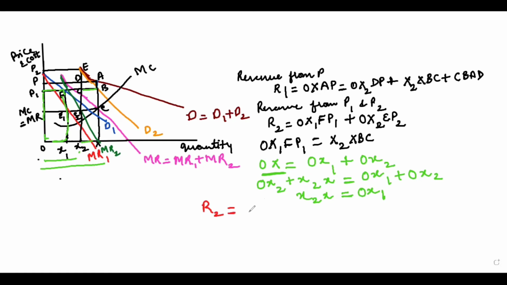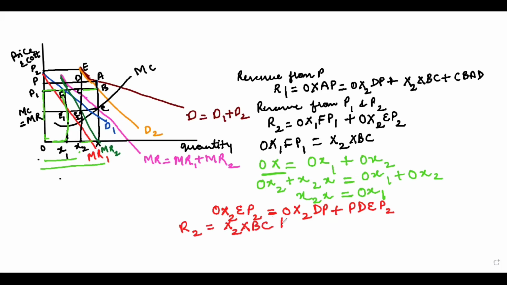Therefore R2, in this case, since we can conclude here that OX2EP2 is equal to OX2DP plus PDEP2, based on this we can conclude that R2 is X2XBC plus OX2DP plus PDEP2.